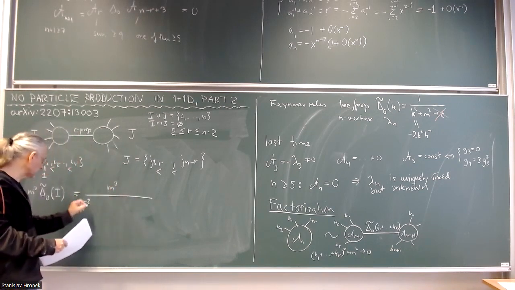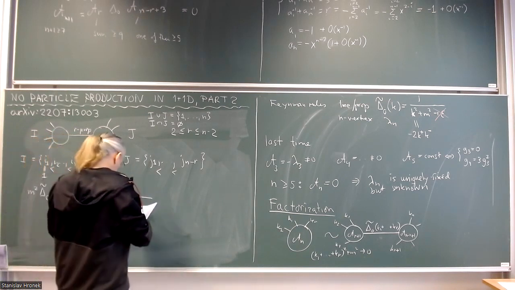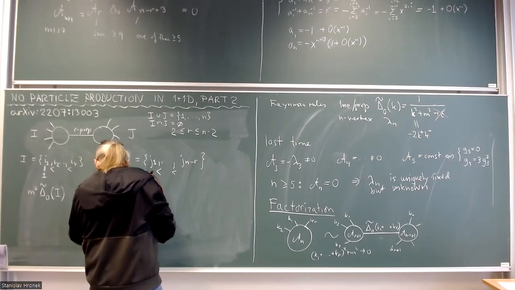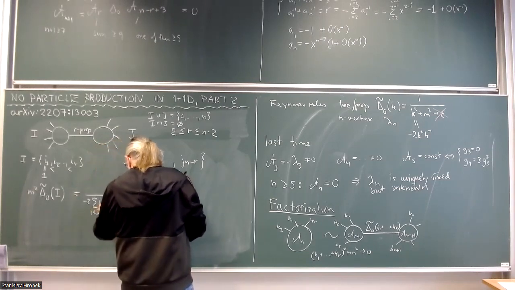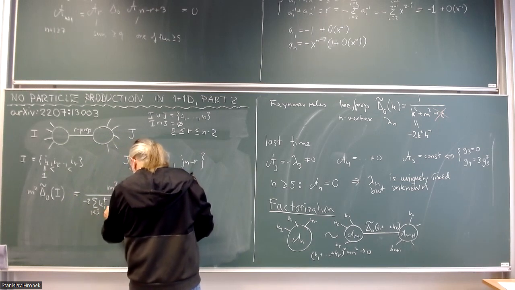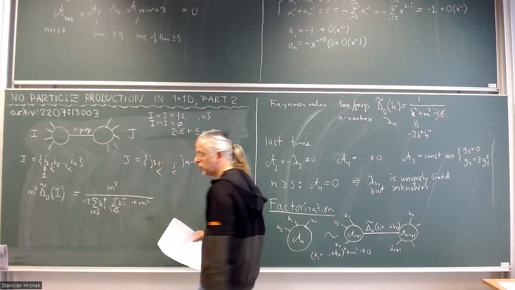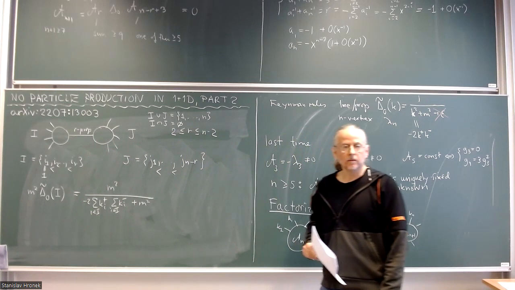So remember, we have this: minus 2 times the sum over k plus belonging to I, and then the sum over k minus belonging to J, plus m squared. So this is our propagator, right?